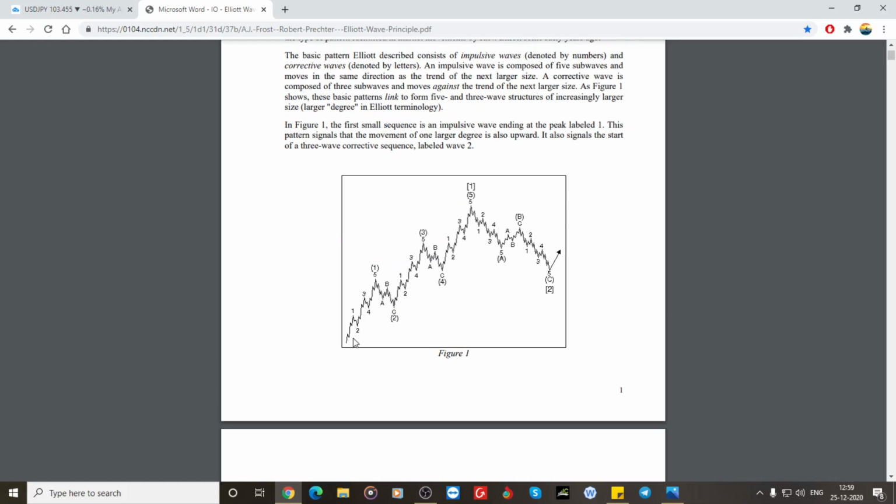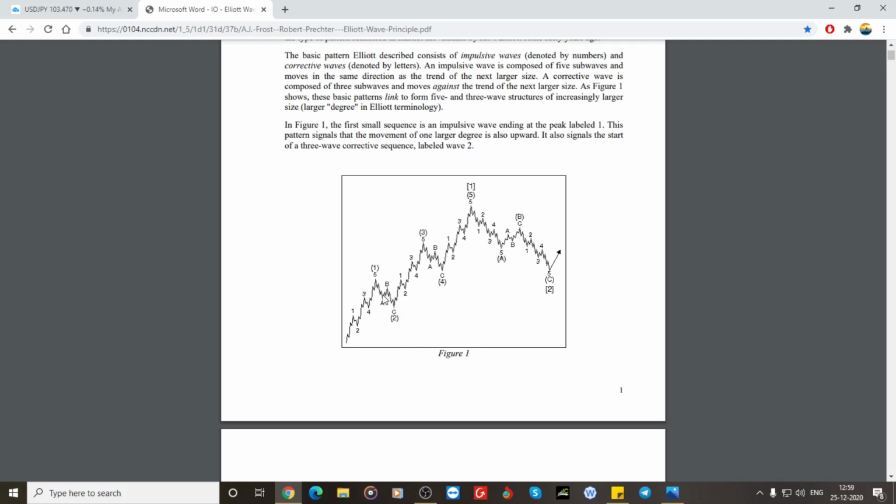Here each wave has 5 waves inside it. That consisting of the 5 waves is called wave 1. For this impulsive move we will get a corrective structure, which will be a minimum of 38.2 retracement of the impulsive move, up to 98 or 99 also.